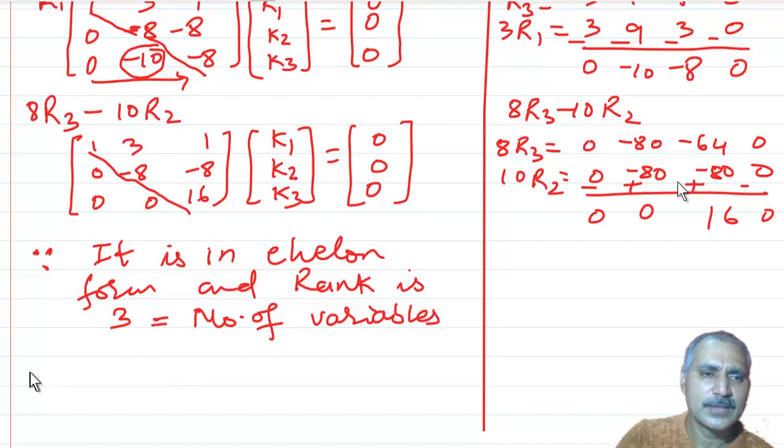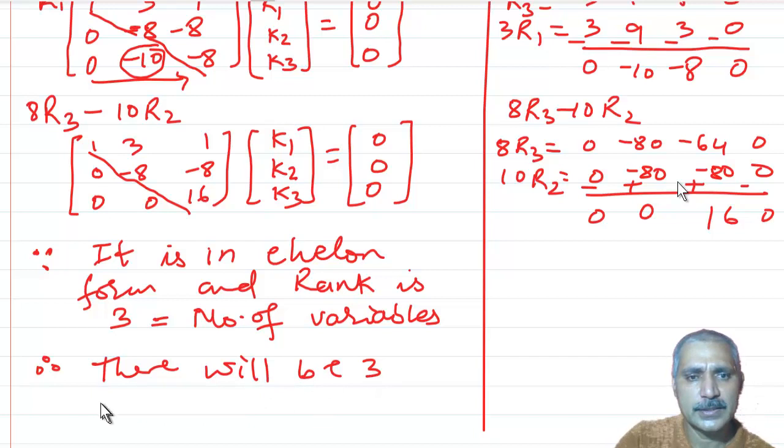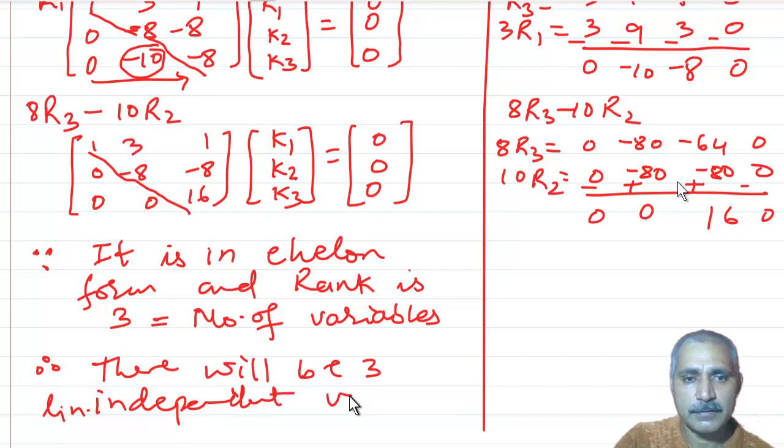Now this matrix shows that therefore there will be 3 linearly independent vectors.